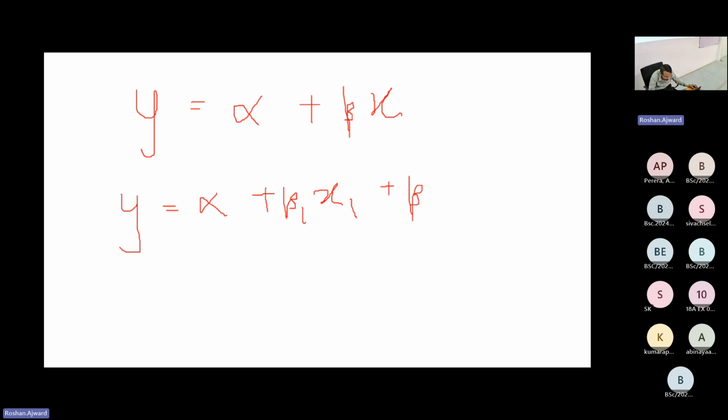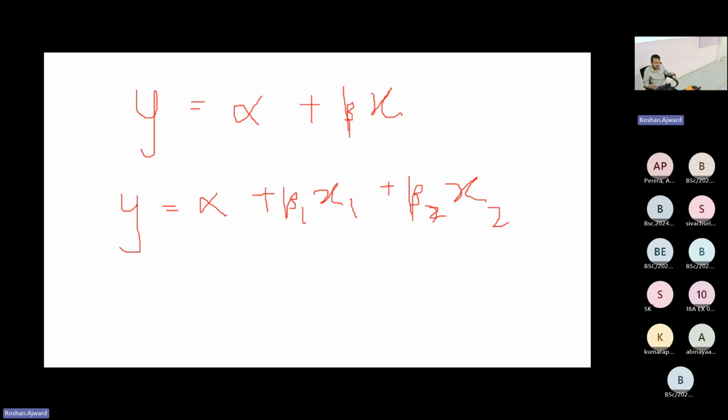So beta 2 x2. So you can see it here. How many independent variables do I have now? I have two independent variables, x1 and x2.